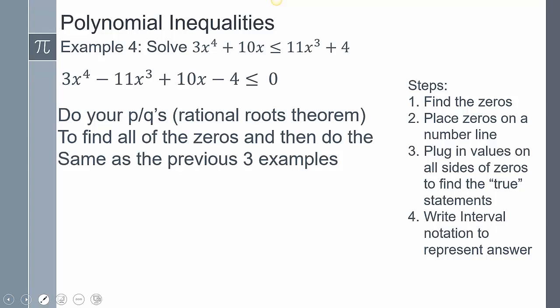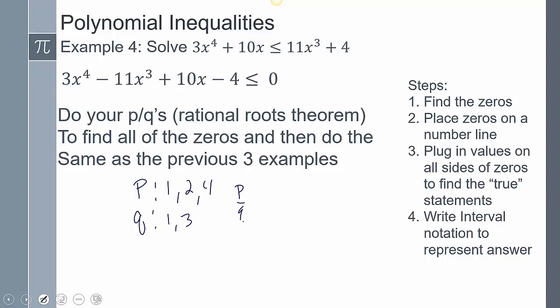Now this one I didn't want to work all the way through, but just to give you a heads up on this one, to be able to find all the zeros, which is going to be the first step, you're going to have to do all of your p's over your q's. If you remember the rational roots theorem, my p's are going to be the factors of 4, so 1, 2, and 4. My q's are going to be the factors of 3, which is 1 and 3.